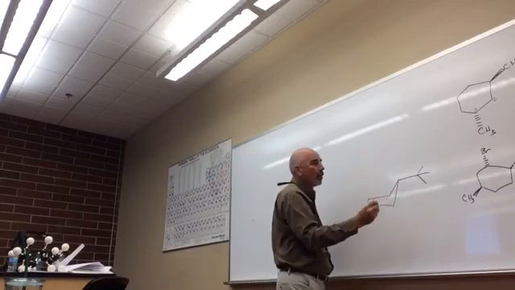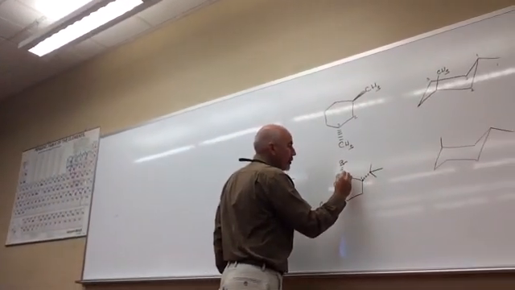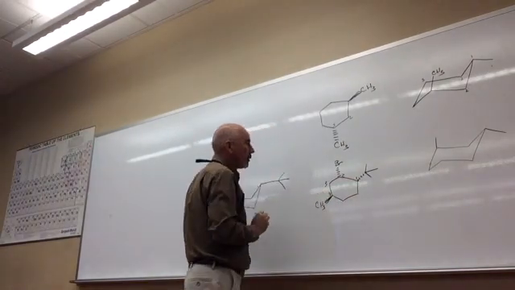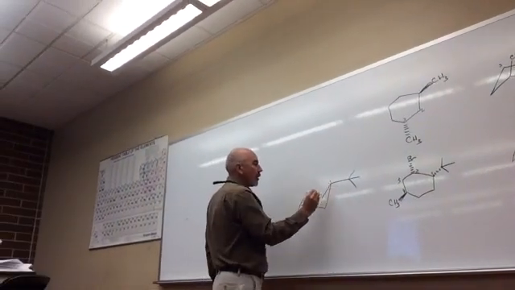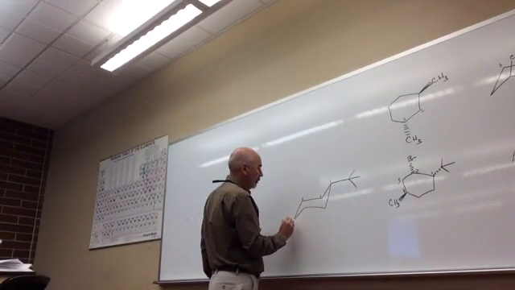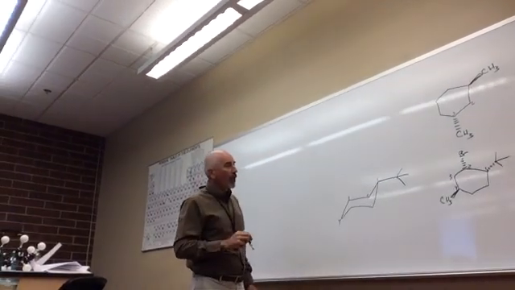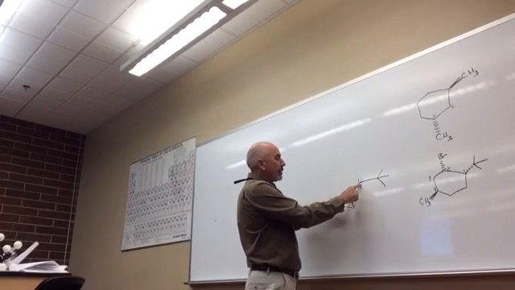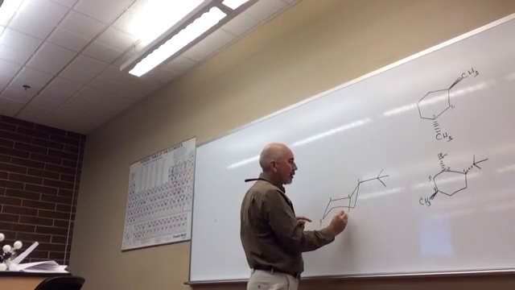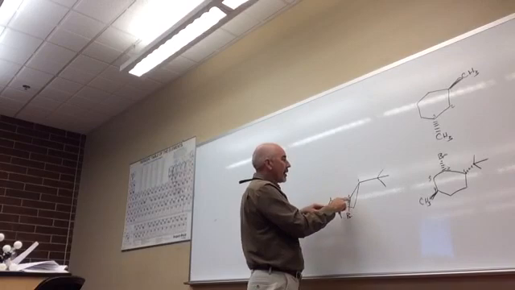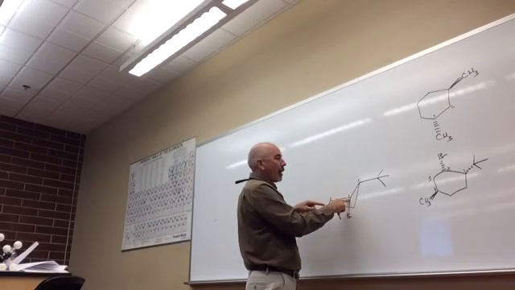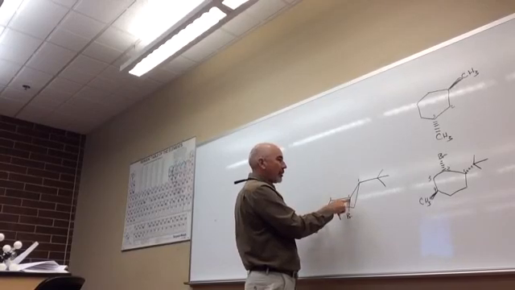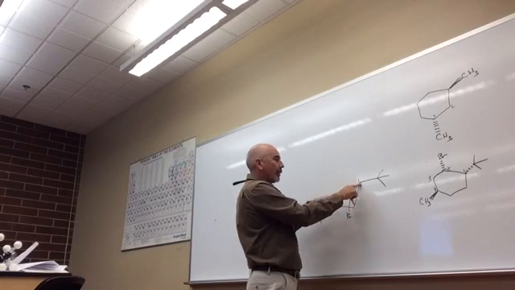All right, so I'm just going to number this way. 1, 2, 3, 4. Okay? I'm going to number this way. 1, 2, 3, 4. So carbon 2, it's equatorial, and so this is going to say it's axial. So then axial, equatorial, axial. Hold on, I got to start over.